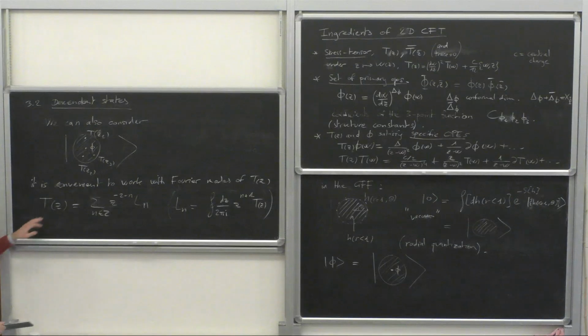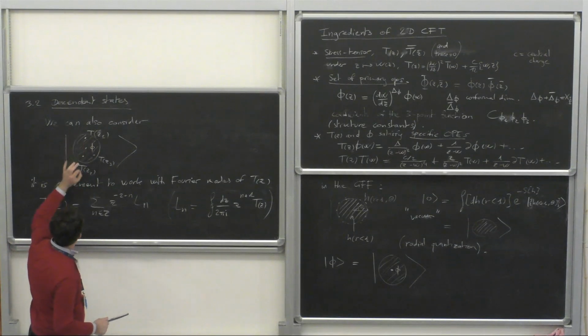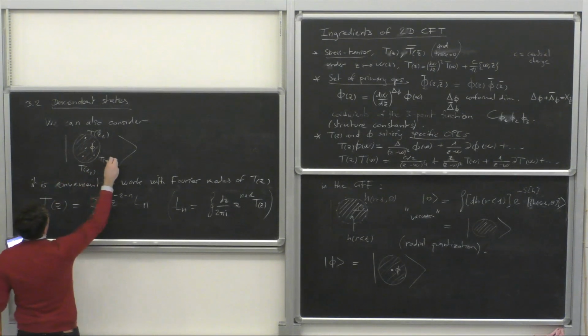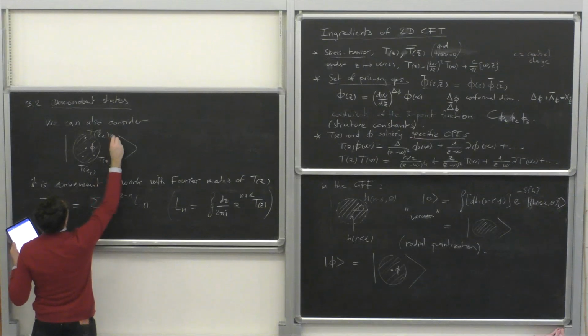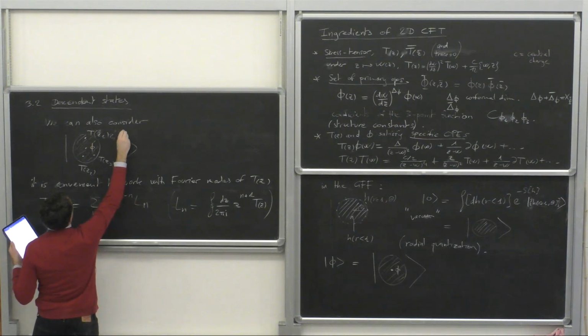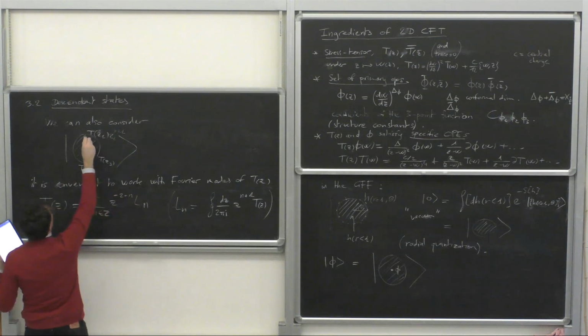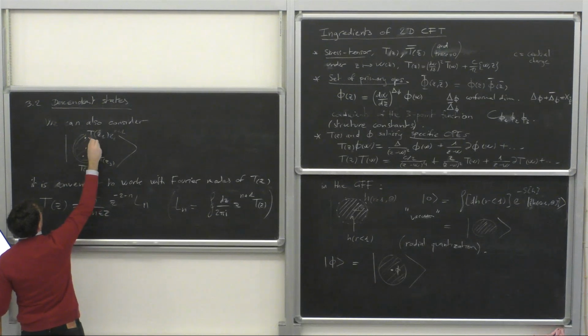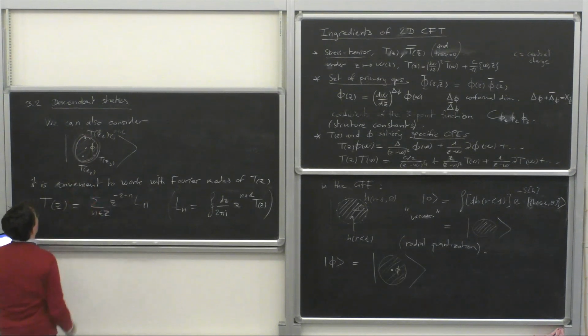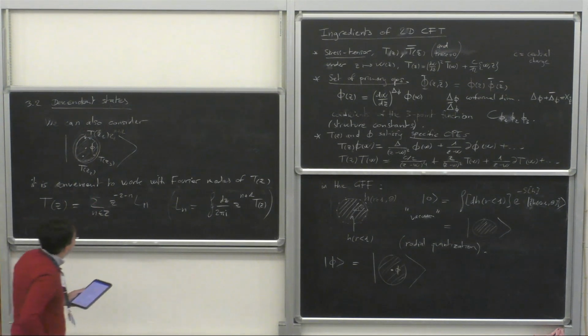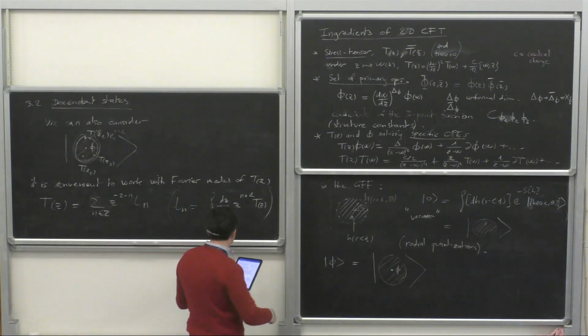So instead of looking just at insertions of the stress tensor, I can multiply, for instance, this one by z1 to the n plus 1 and then integrate it over a circular contour like this, and this will generate states.